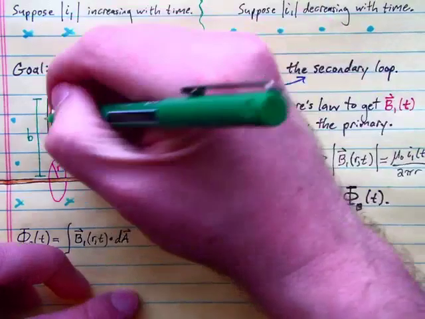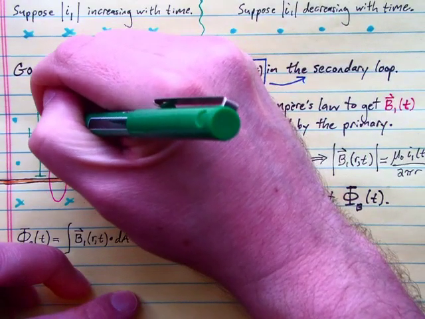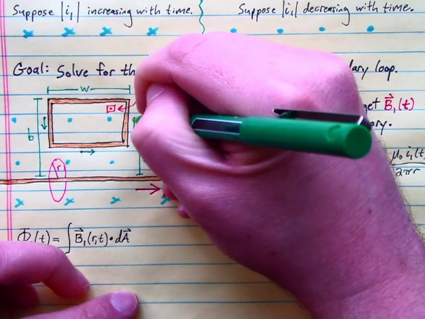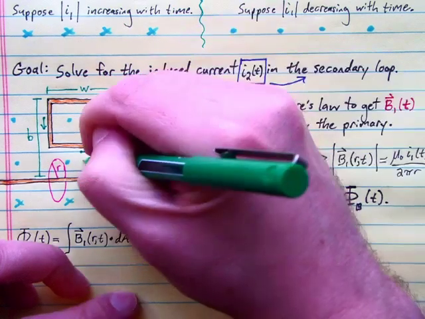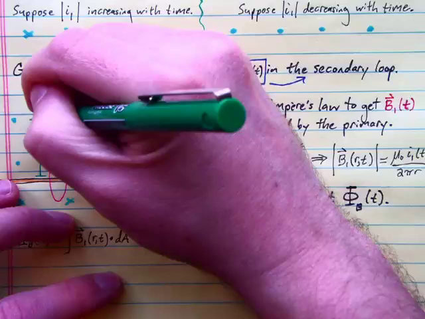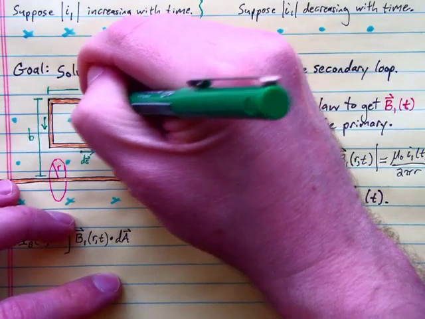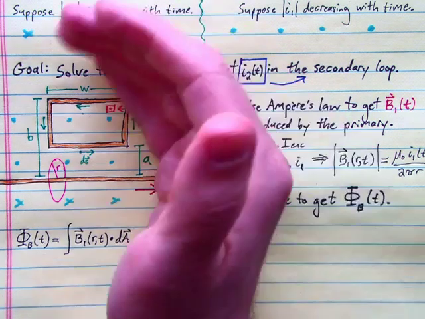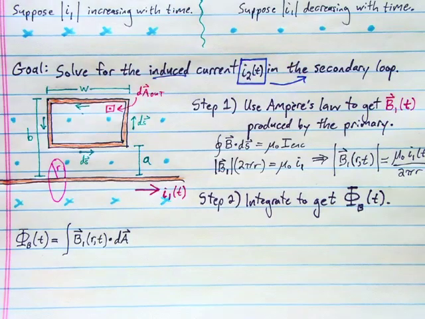Our ds's pointing like this, counterclockwise around that loop. ds, ds, etc. Okay, so our dAs and ds's agree by right-hand rule.